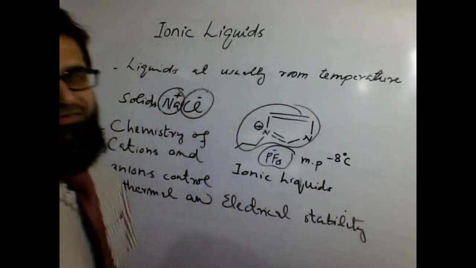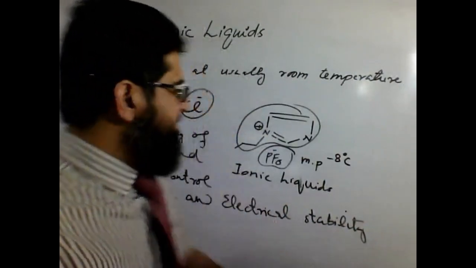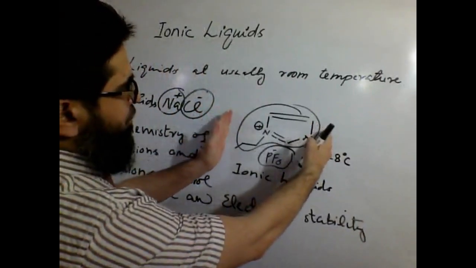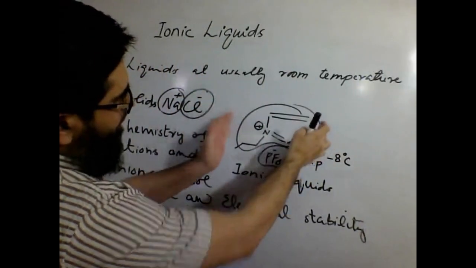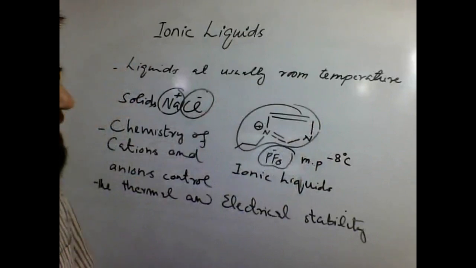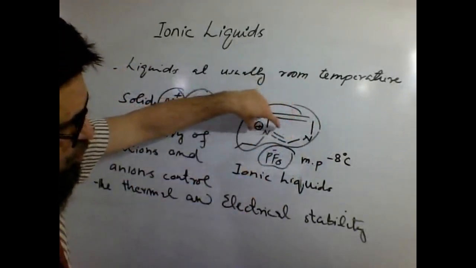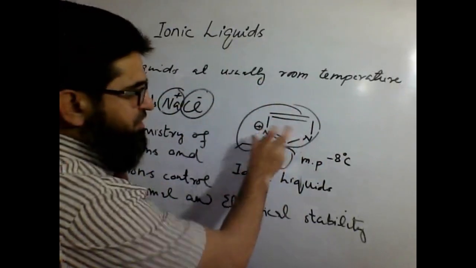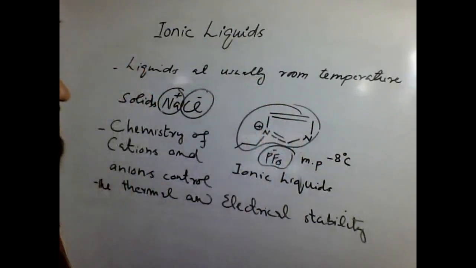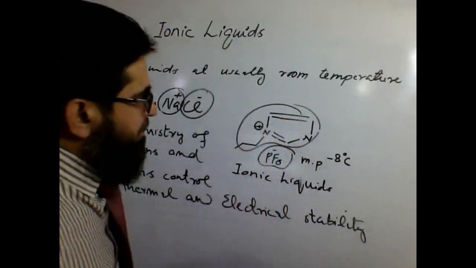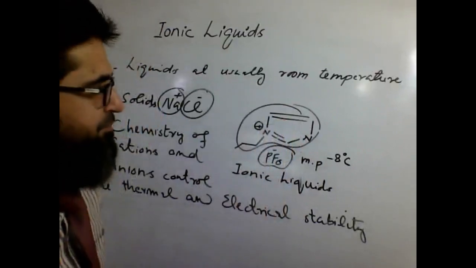What is the nature of cation? Whether it's a longer sort of organic compound, or it's a smaller, sort of a heterocyclic compound, sort of a carbocycle, so it matters.